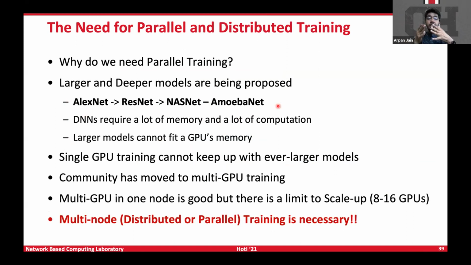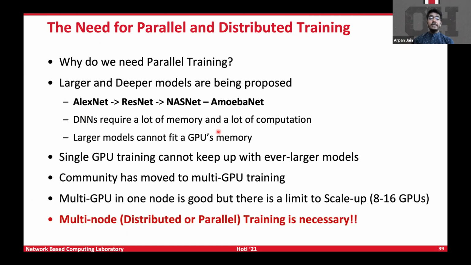So the memory requirement as well as the computation requirement is increasing. The larger models that we have right now cannot fit inside the memory of a single GPU. GPT-3 is so big that it cannot fit inside the memory of one GPU, so you cannot train it on one GPU. Even on 2 or 3 GPUs, you cannot train it.